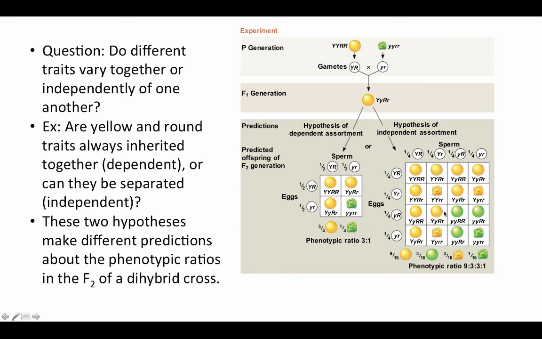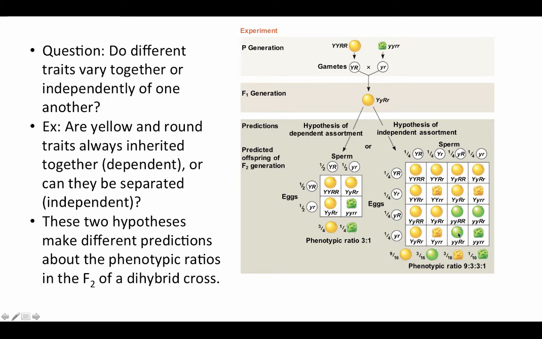So the big difference here is in this situation, you can get yellow and wrinkled, which you can't get here in this dependent scenario. And you can get green and round. Those are both possibilities if they assort independently. So in this case, you would expect a phenotypic ratio of 9 of the dominant phenotype, both yellow and round, 3 for the dominant round shape and the recessive green color.